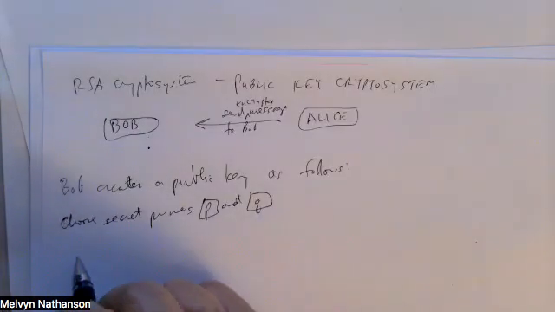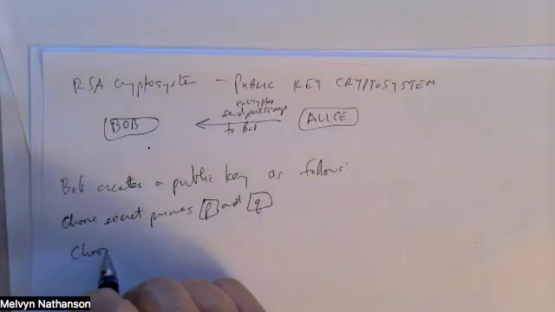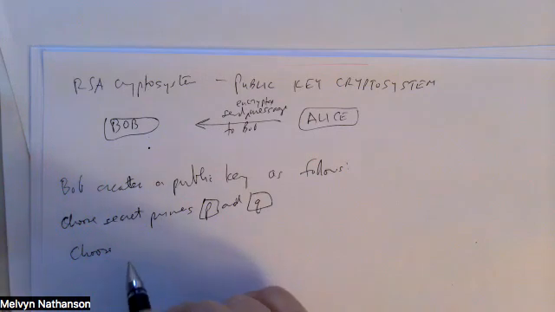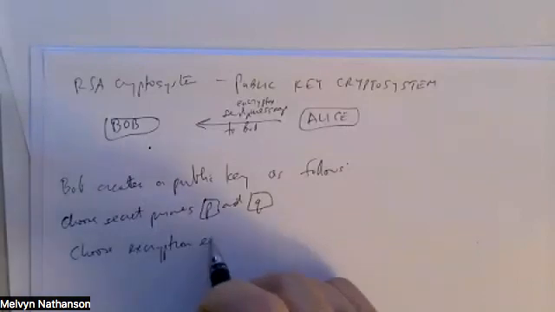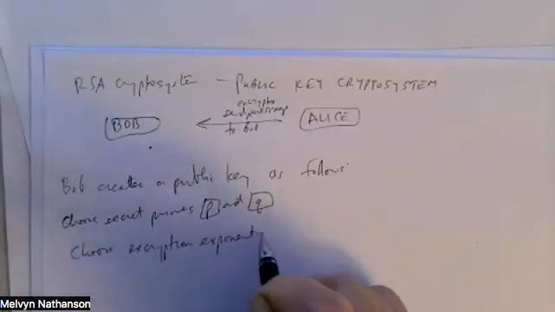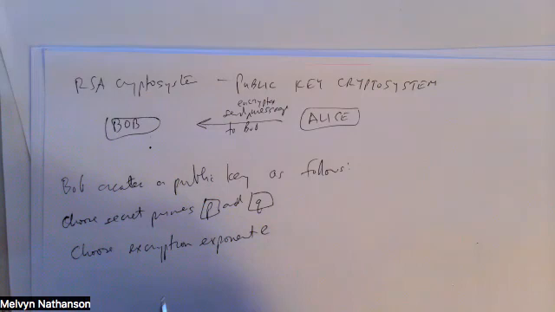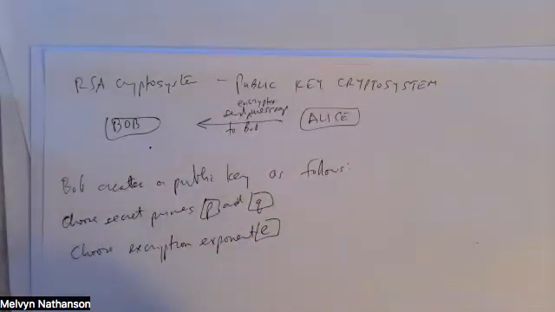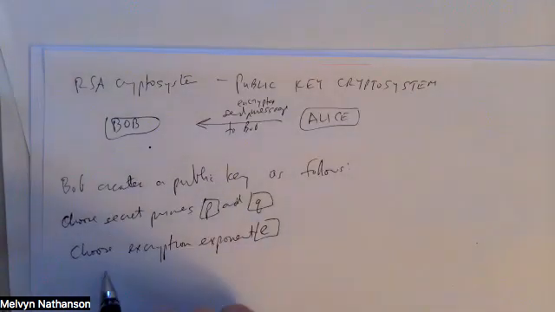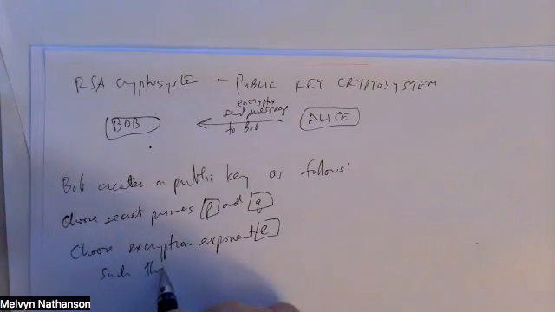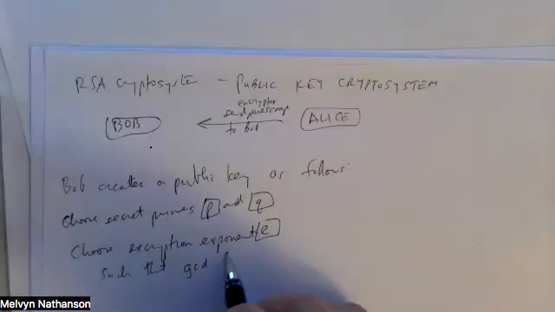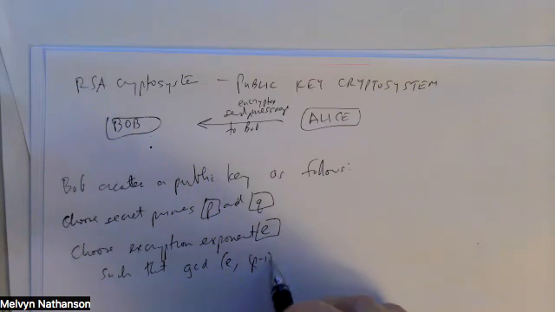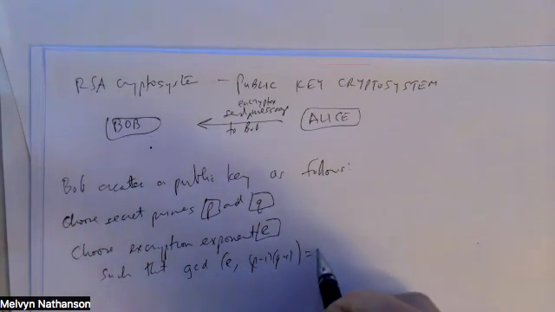Bob also chooses the encryption exponent, E, and E has to have the property that the GCD of E and (P minus 1)(Q minus 1) is equal to 1.